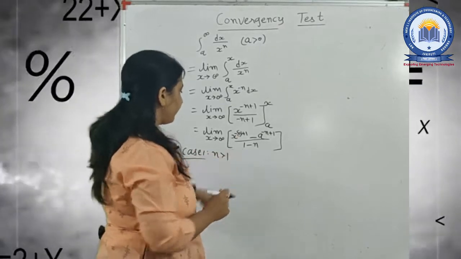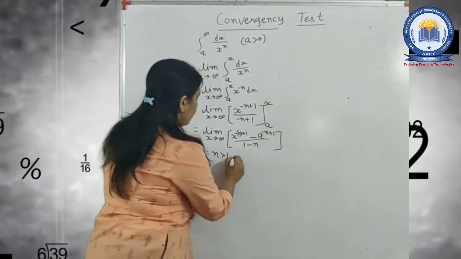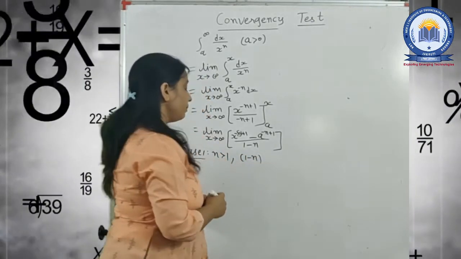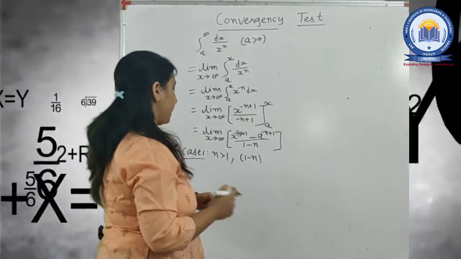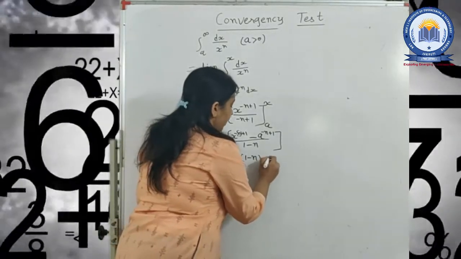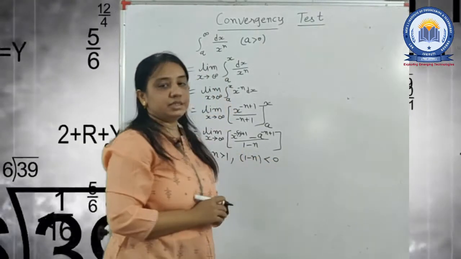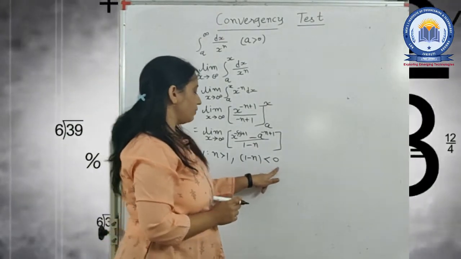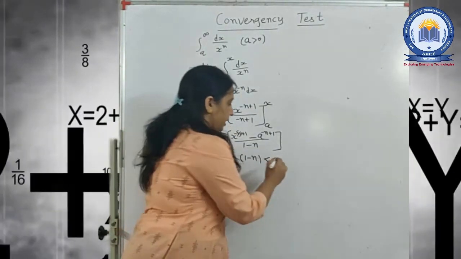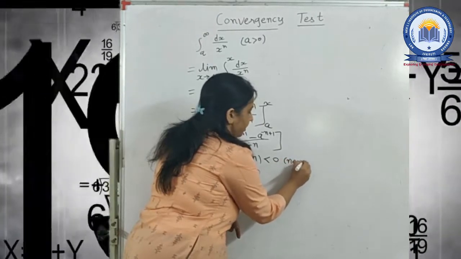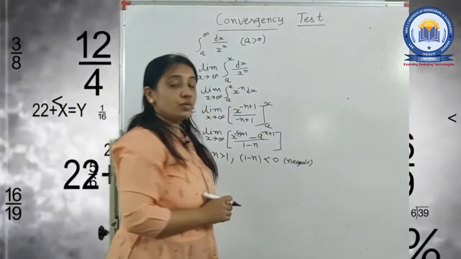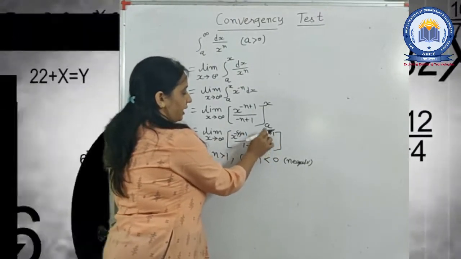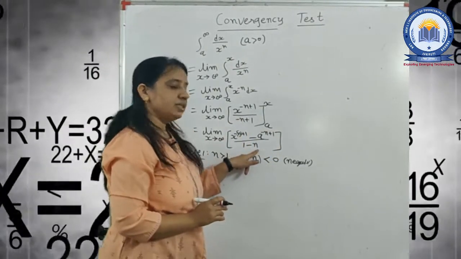Here we will have 1 minus n, which can be less than 0. 1 minus n is always negative. So what is the possibility of this? A raised to 1 minus n will be the constant.